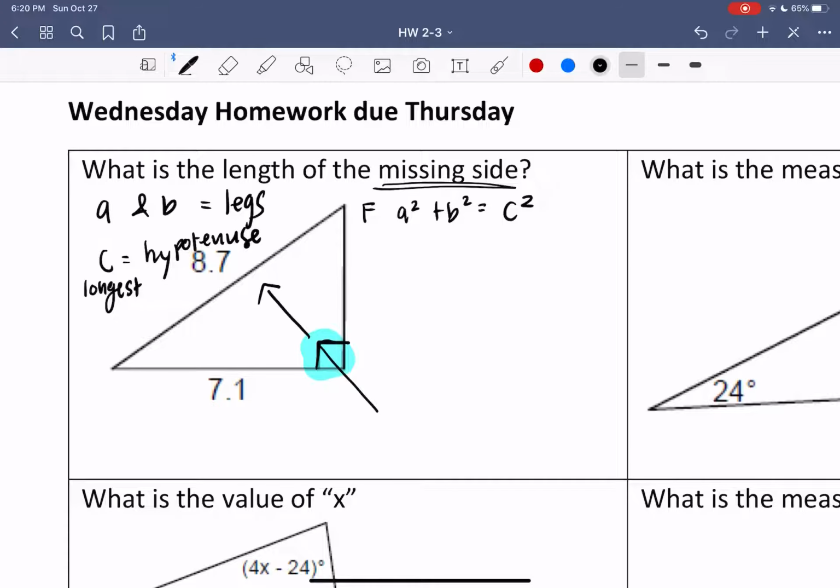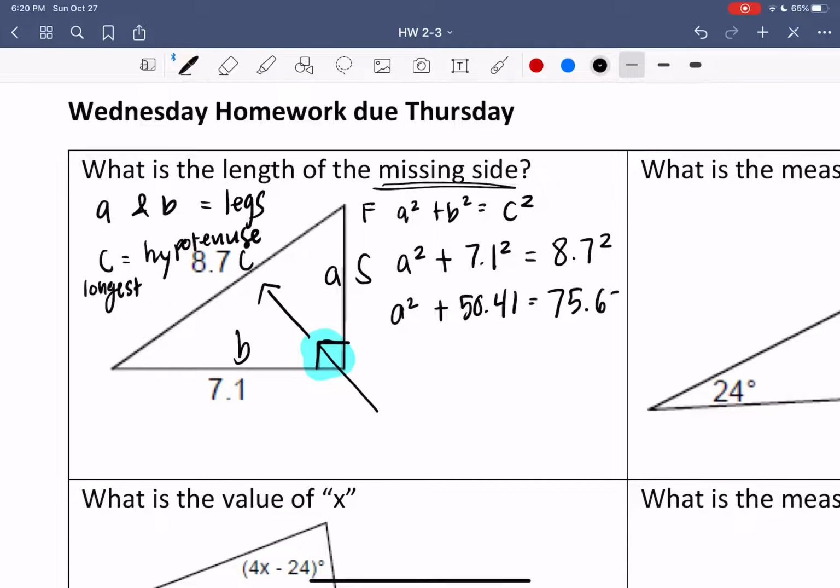So they are giving us A, B, and C. Once we substitute the numbers that we know, we don't know A, so we're going to leave A squared plus 7.1 squared equals 8.7 squared. And then as we simplify and solve, we can take 7.1 and square it, which is multiplying it by itself, and we'll get A squared plus 50.41 equals 8.7 squared, which is 8.7 times 8.7, and that will give us 75.69.